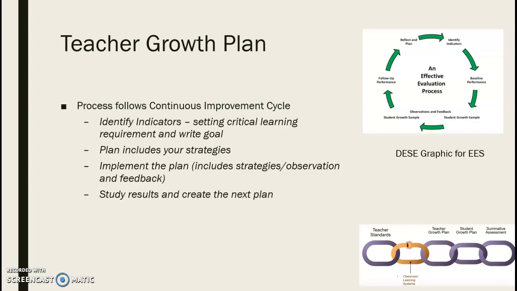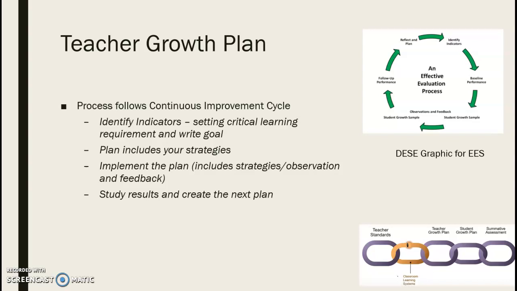So let's talk a little bit about how this connects to your teacher growth plan then. As you will see with Desi's graphic here, you are actually following a PDSA cycle when you're engaging in the educator evaluation system. You are identifying your indicator, which would be one of the indicators under those 9 standards.